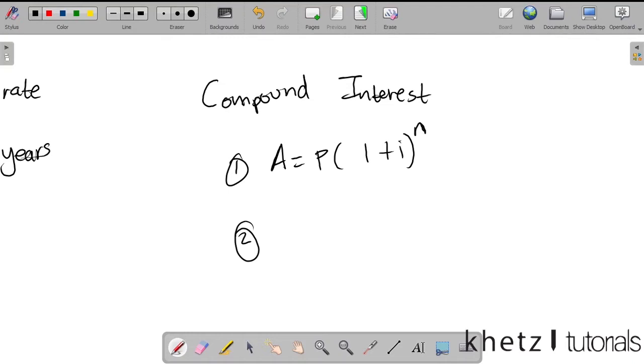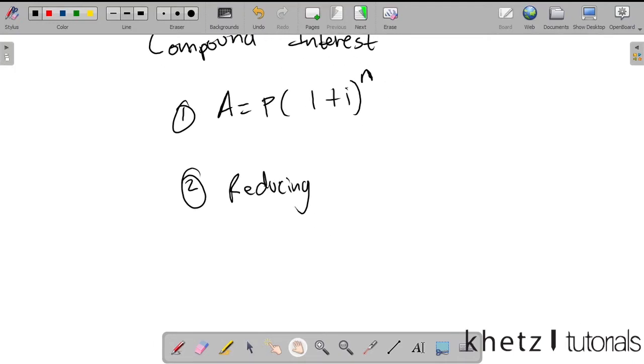Just swap the sign, and you have what is called reducing balance. When the question talks about reducing balance, it is talking about depreciation in a compound fashion. So A would be P multiplied by (1 - i) to the power n. Everything is still the same, just that the placement of the variables is different.